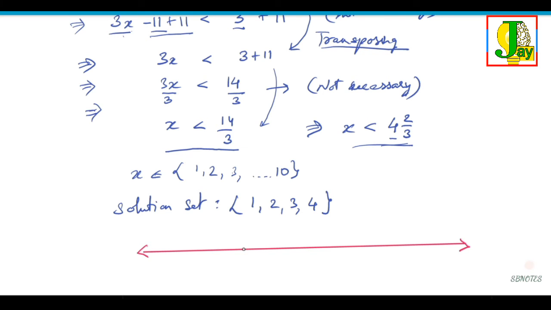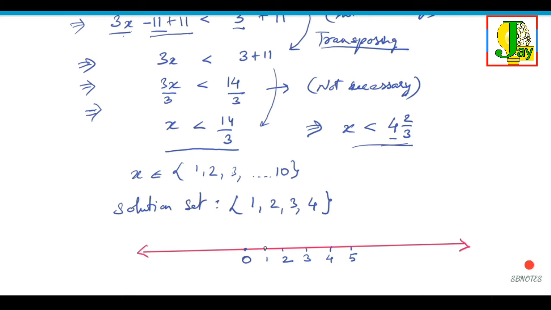So here we have, we'll take 0, 1, 2, 3, 4, because up to 4 we should take one number on either side of what we have in the solution set.